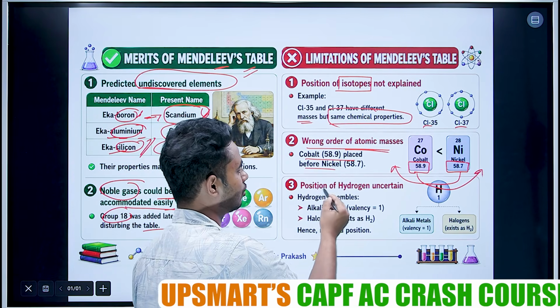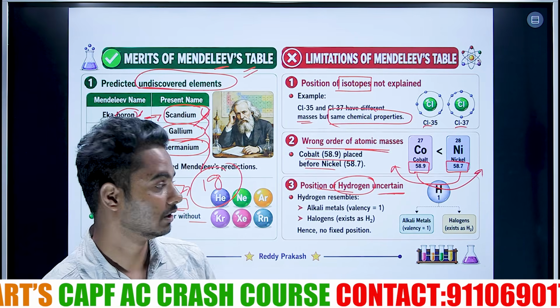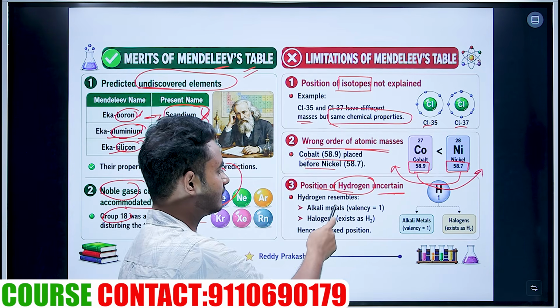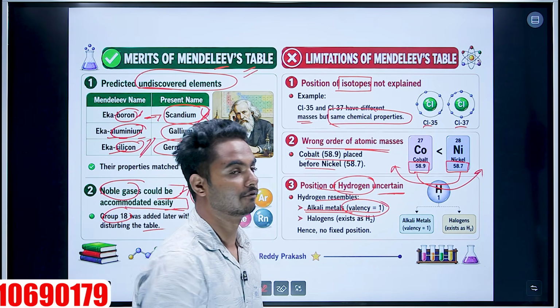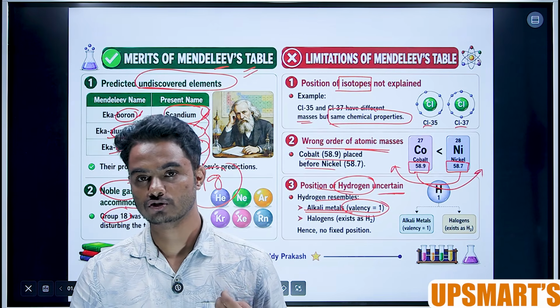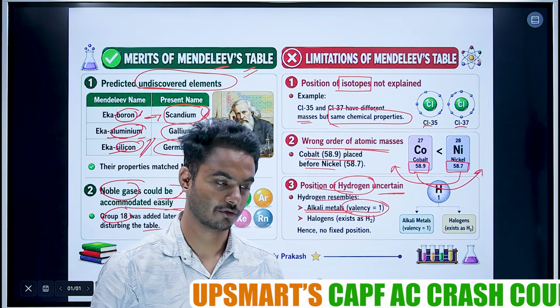Third thing, position of hydrogen. He was uncertain where to place the hydrogen. Because hydrogen resembles alkali metals with a valency of 1. Hydrogen has a valency of 1. Alkali metals also have a valency of 1. Example, lithium. Alkali metals have a valency of 1.